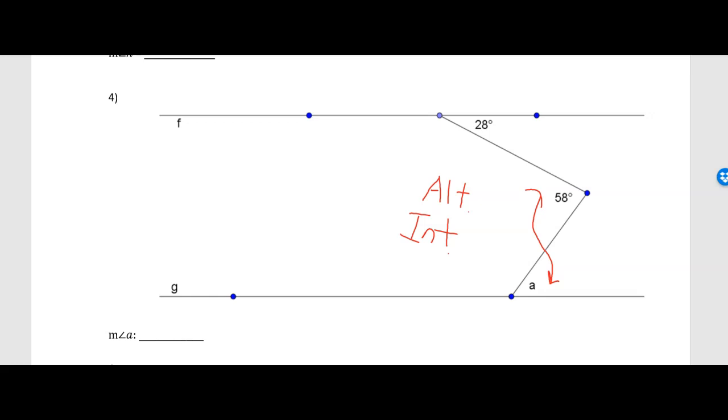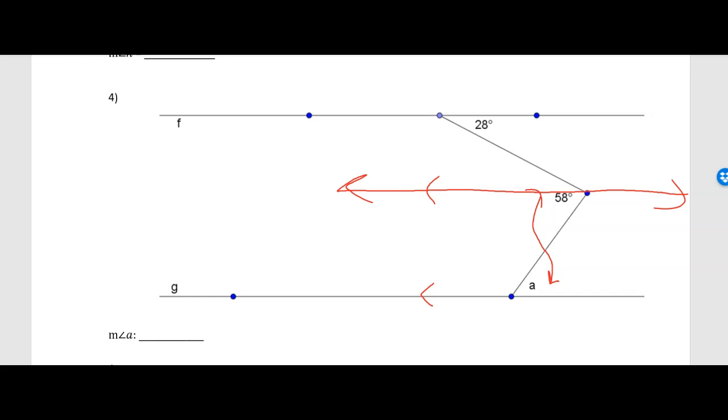Well, the problem is this isn't actually a true transversal diagram, right? We would need to have another parallel line here. So we would have to have this line being parallel to the bottom one for us to say that 58 and A have the same measurement.